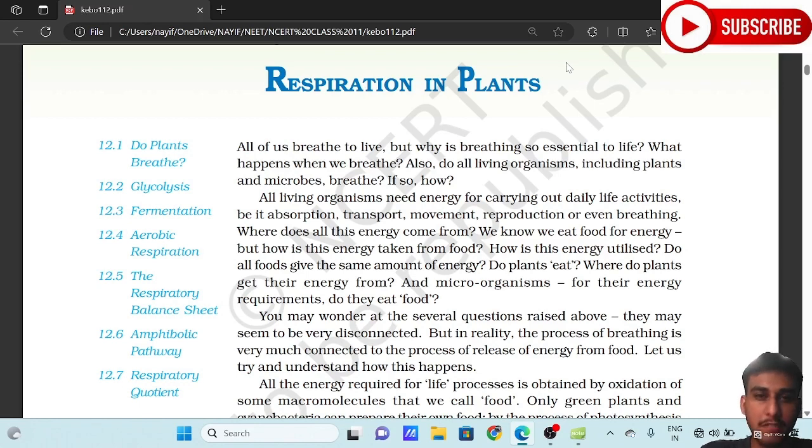So glucose is converted into a big molecule, a polysaccharide. Polysaccharide means many monosaccharides joined together by glycosidic bonds. They form a molecule known as starch. So in plants, the storage polysaccharide is starch.